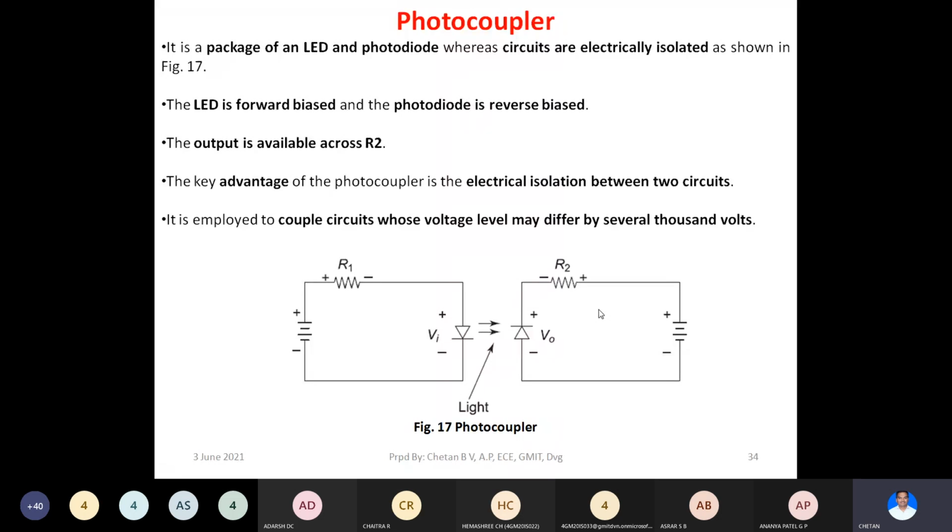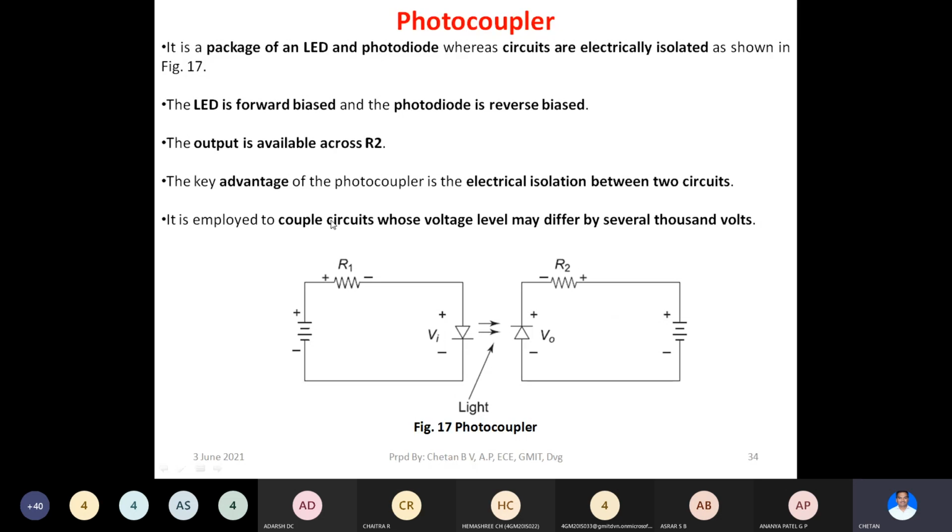To avoid that, we can use devices like a photocoupler, which would electrically isolate two parts of a circuit. Even though it electrically isolates two parts of the circuit, it can easily send the signal from one part of the circuit to the second part in the form of light, and the second part of the circuit can tap the signal from the first part and do its task.